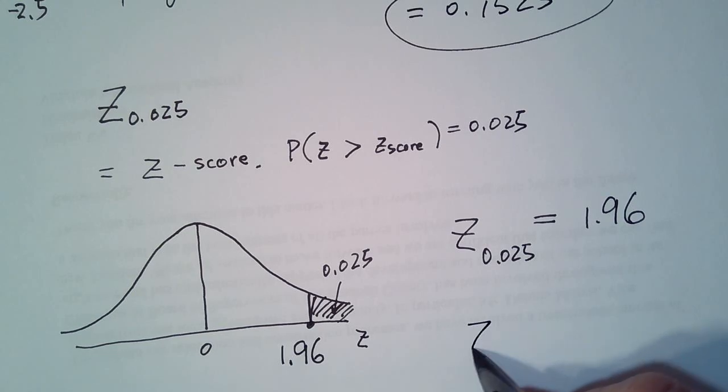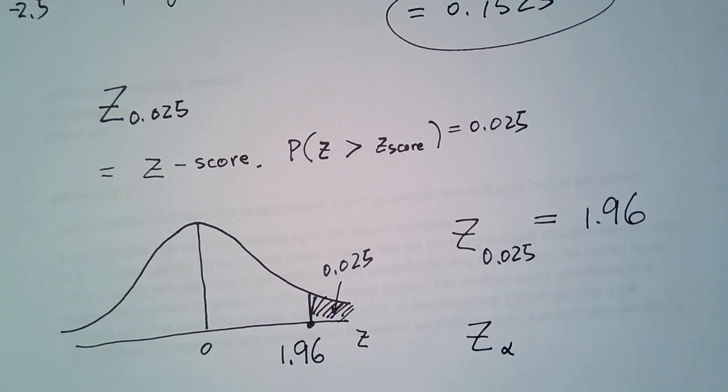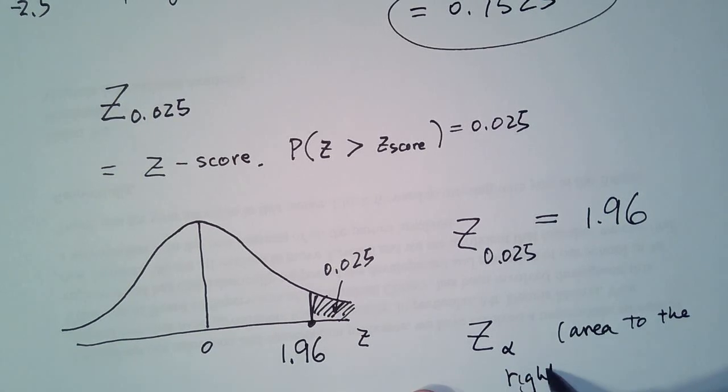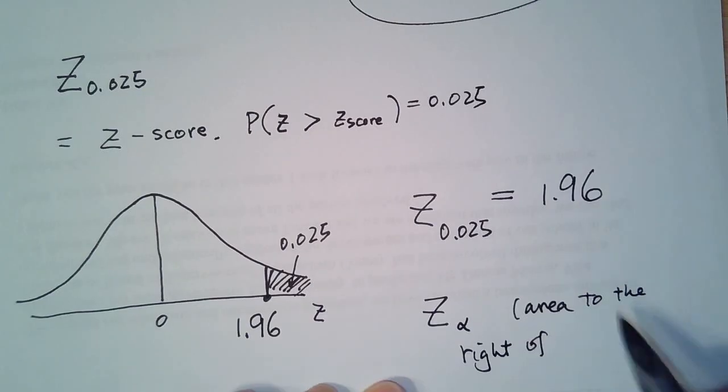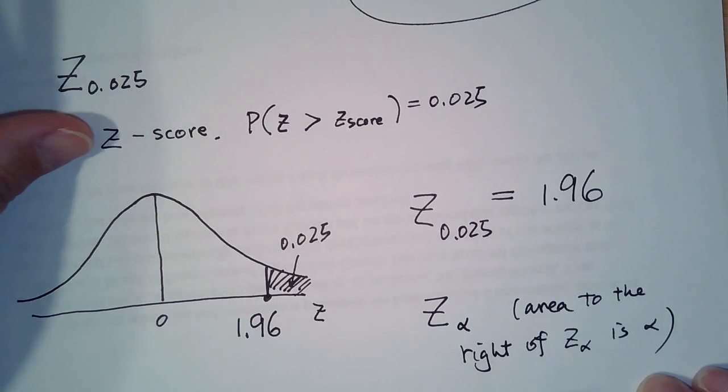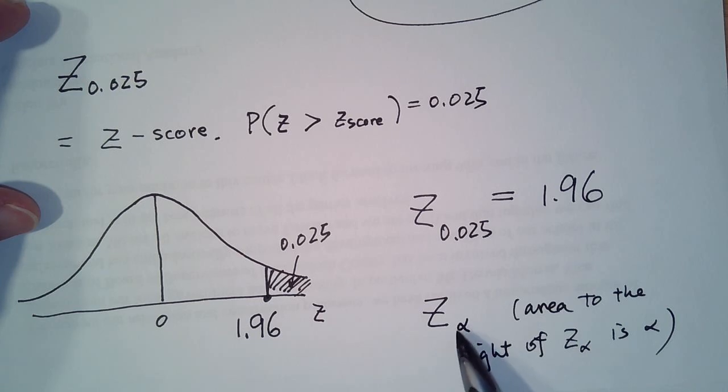We use z with a little alpha, so the area to the right of z sub alpha is alpha. In our case that alpha is 0.025, and that is z with a little subscript, which shows the area to the right of it. You just use the table backwards to find the z-score.